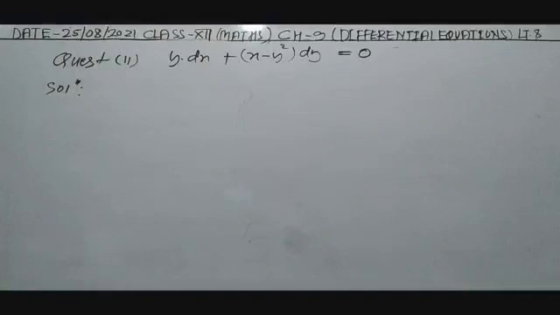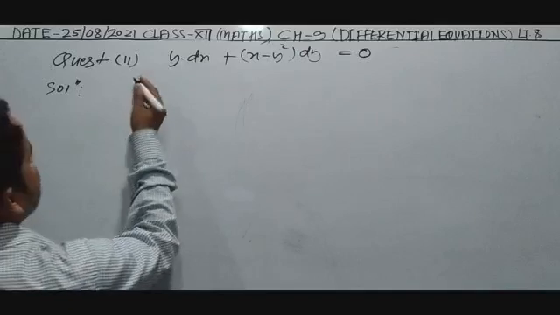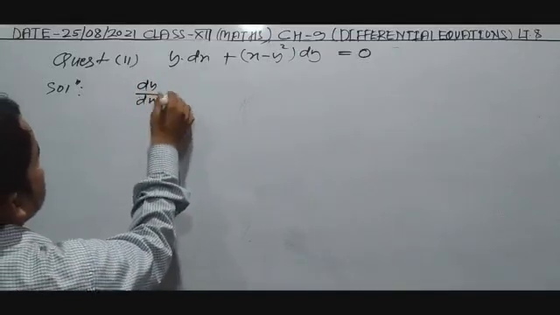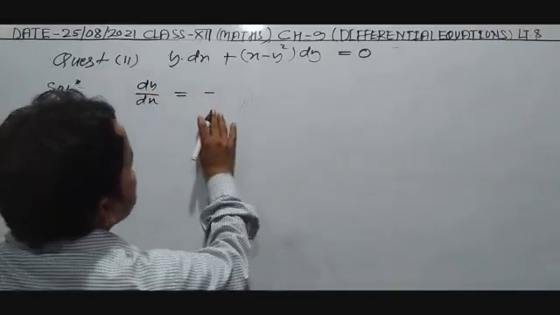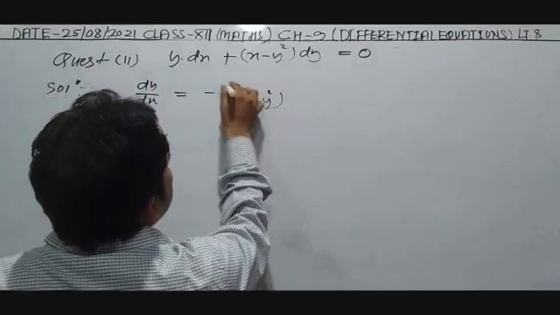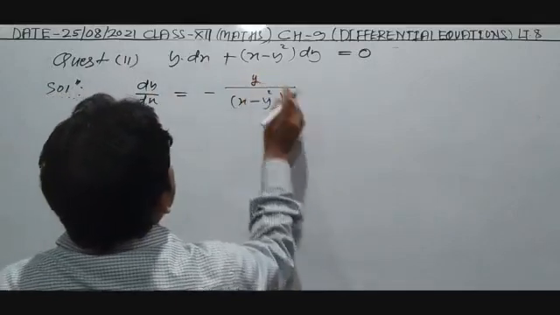Now question number 11 is y dx plus (x minus y square) dy is equal to 0. Now what can we write? If you solve for dy by dx, we can write it with a negative sign: minus (x minus y square) upon y.